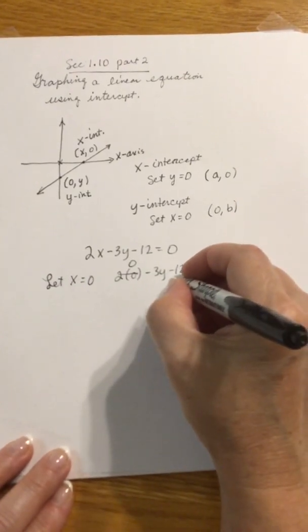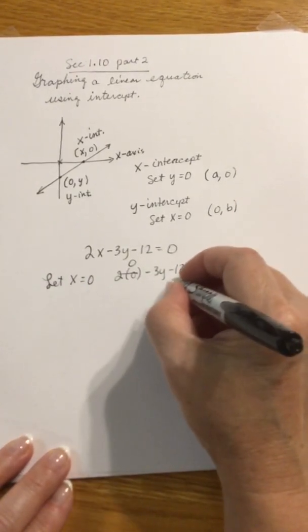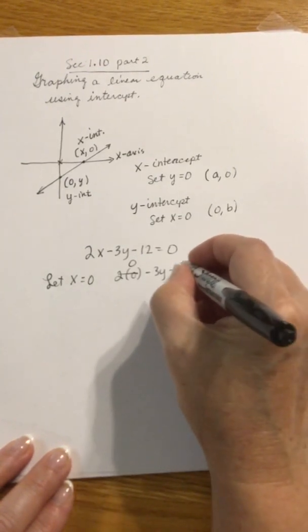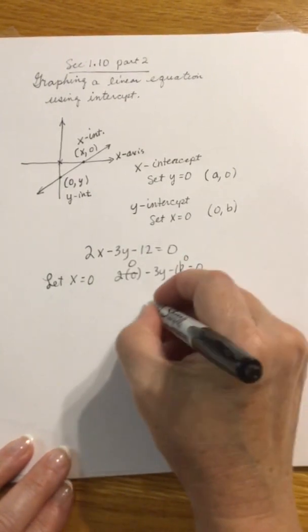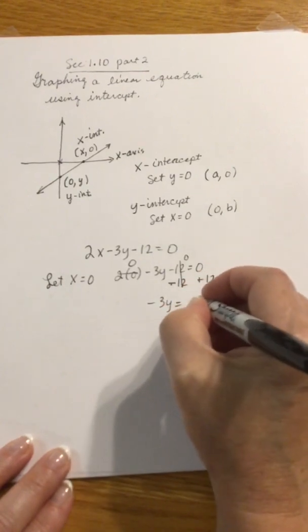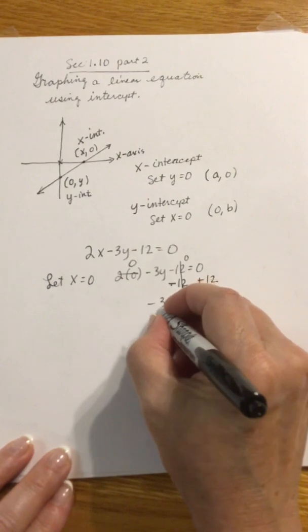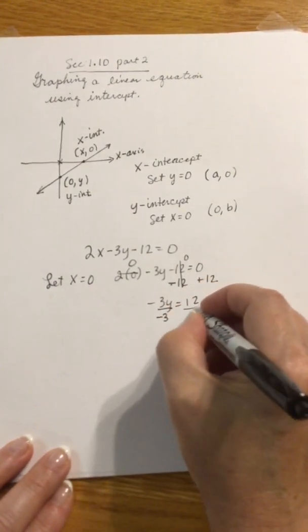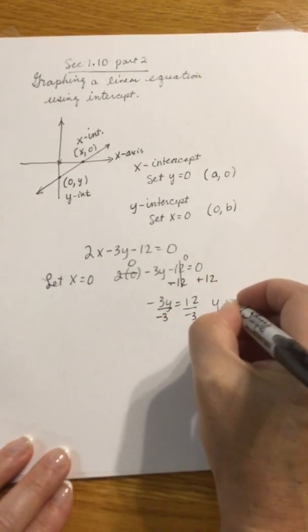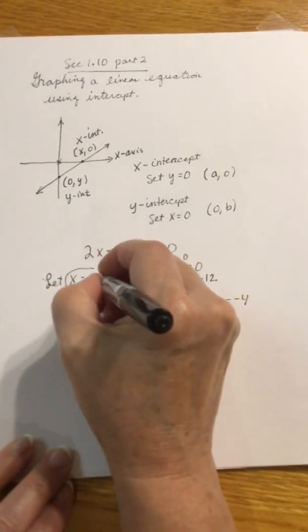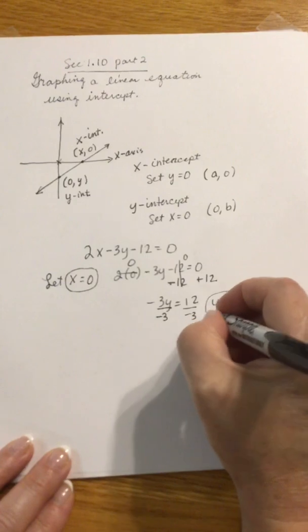I'm going to add 12 to both sides because I want y by itself. So this adds to be 0, and I get negative 3y equals 12. You're solving for y, and it's multiplied, so we divide by negative 3 on both sides, and we get y equals negative 4.